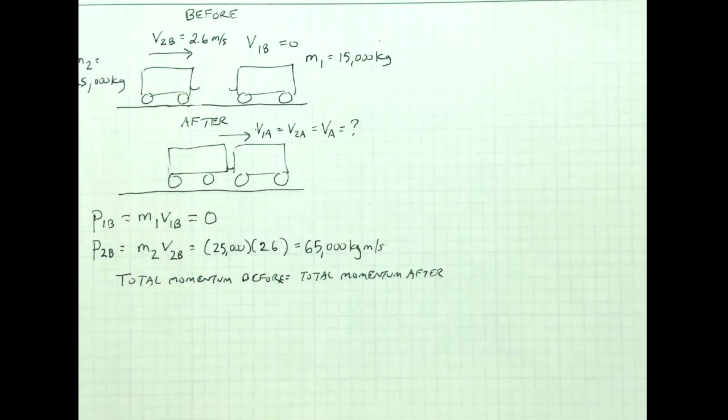Momentum is conserved. It cannot be created or destroyed. So the total momentum of both cars put together before the collision has to equal the total momentum of both cars put together after the collision.